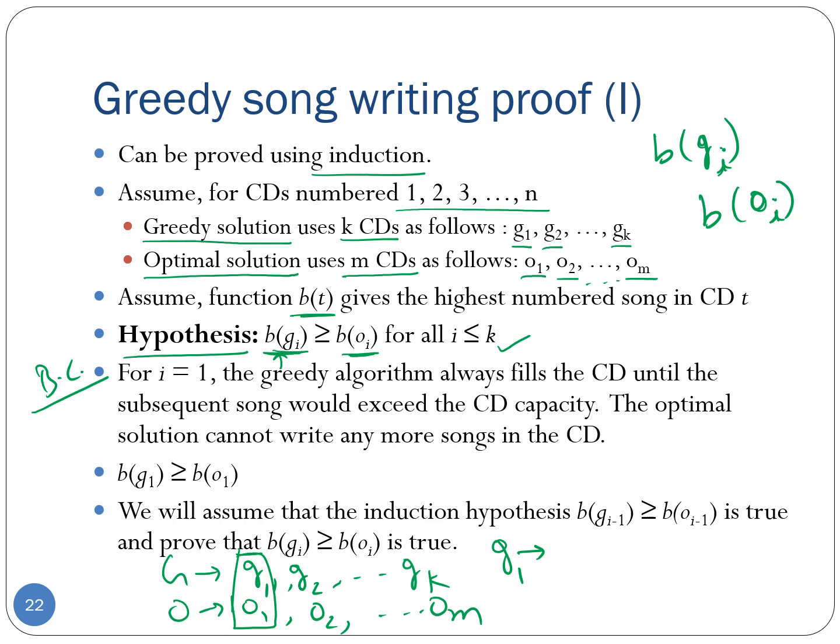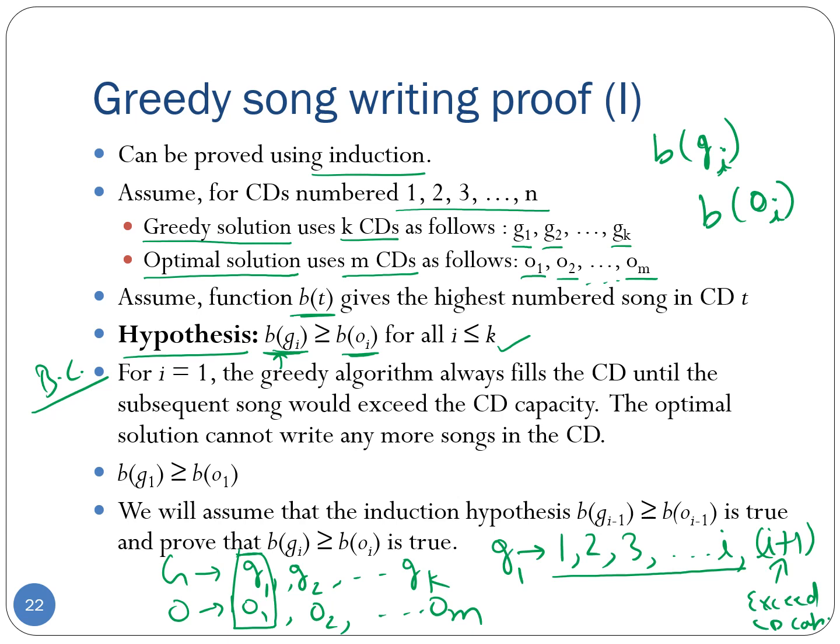Essentially the greedy solution will keep writing songs into the first CD until some value I, such that writing the I plus 1th song will exceed the CD capacity. Okay, so basically you will just write the first I songs using this greedy solution in the first CD.